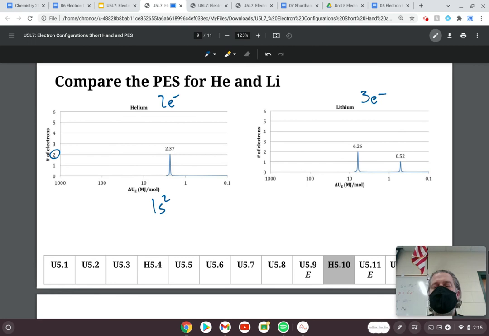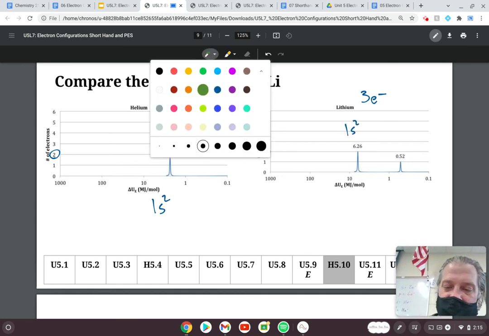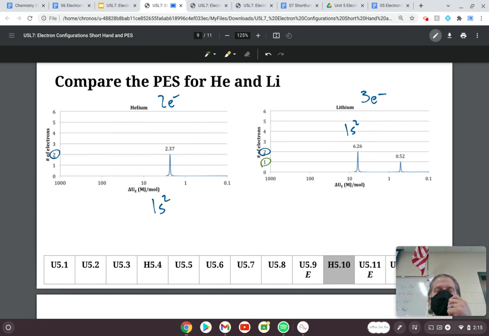Now, lithium. On the periodic table, helium is in the first row, but lithium is in the second row. And there happen to be 2 peaks on this data set. The first peak has 2 electrons, which leads me to believe it would be a 1s2. But the second peak has 1 electron, and that would lead me to believe it's a 2s1.